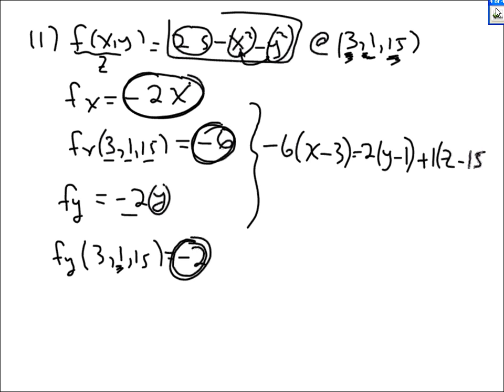Think about why the z minus the z value gets multiplied by 1. And this is equal to 0.